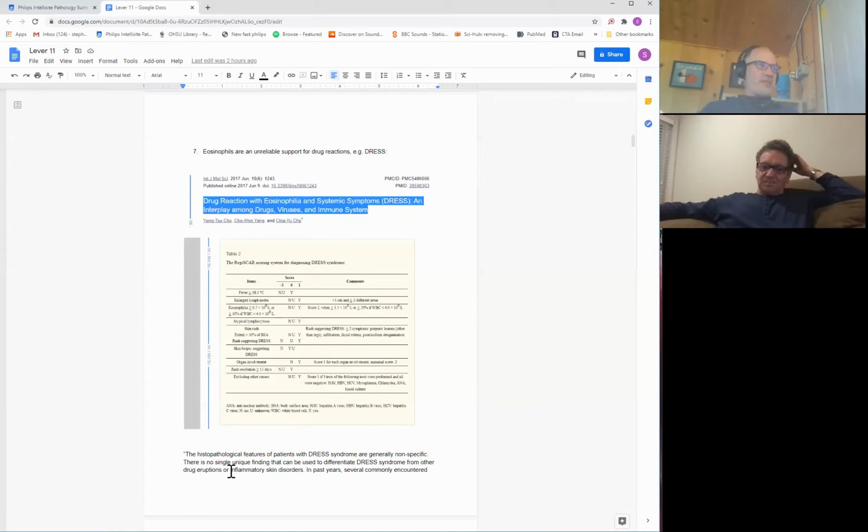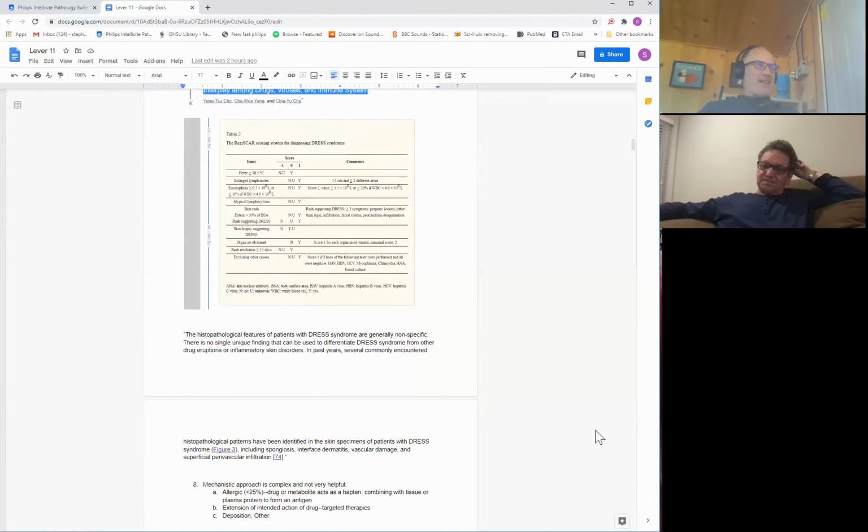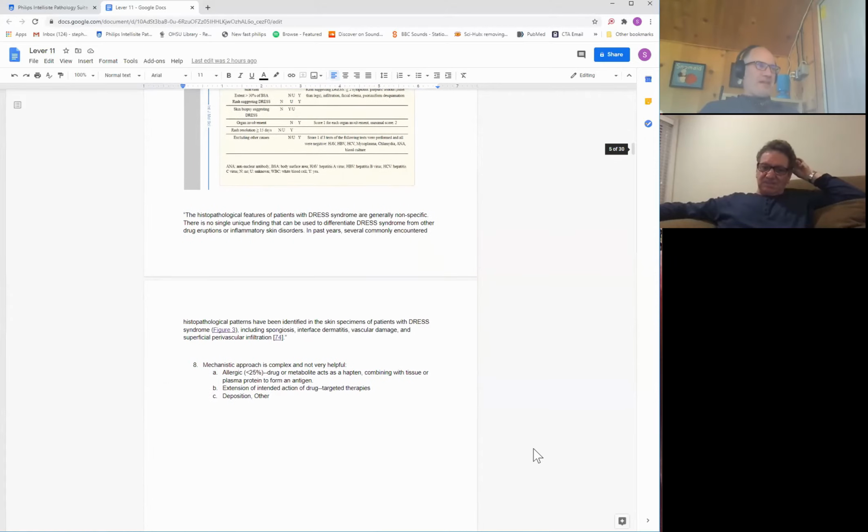There's no single unique finding that can be used. So they're basically saying that the pathology doesn't matter, when here the pathology actually gives you a score. I think this statement is more correct, that the pathology for DRESS truly doesn't matter.